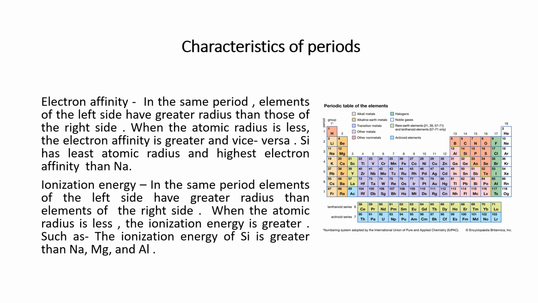Ionization energy. In the same period, elements on the left side have a greater radius than elements on the right side. When the atomic radius is less, the ionization energy is greater.